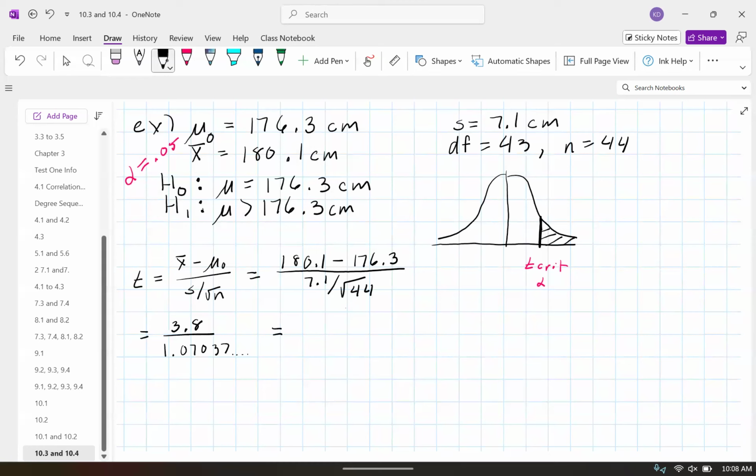My calculator gives me more decimals, so I'm just going to put dot, dot, dot and leave it there. Then I get 3.8 divided by that number. This gives me 3.550.